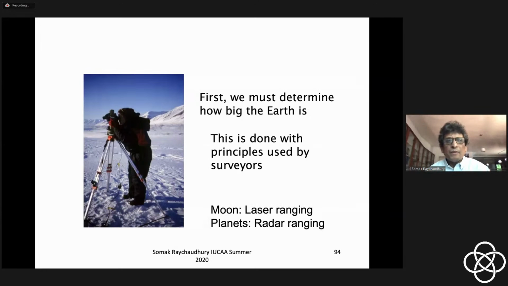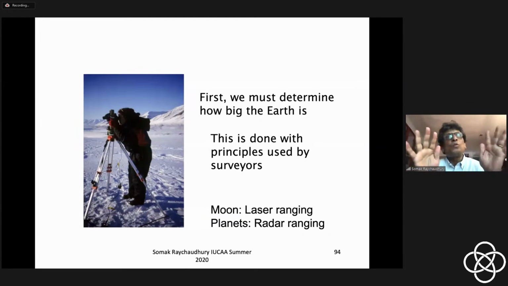Okay. Now on the Earth, the radius of the Earth was measured with shadows and things like that 2,000 years ago. I'm not going to go into all that. I'm looking at what the current measures are. So first of all, I'm assuming you know that you can survey the area of the Earth very well, and people have built very, very accurate maps.